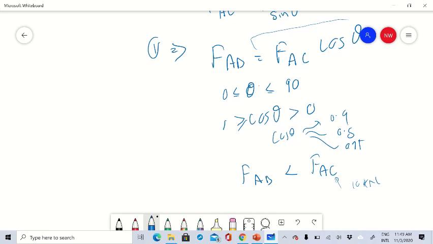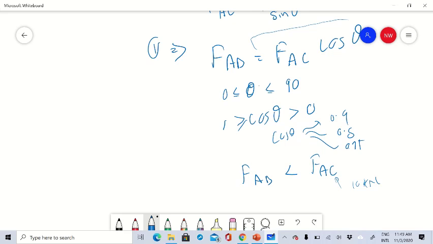So when FAB reaches 10 kilonewtons, since FAC is larger than FAB, the value of FAC is larger than 10 kilonewtons. If these ropes are not to be broken, then FAC should be equal to 10 kilonewtons. At that time FAB is smaller than 10 kilonewtons, right?